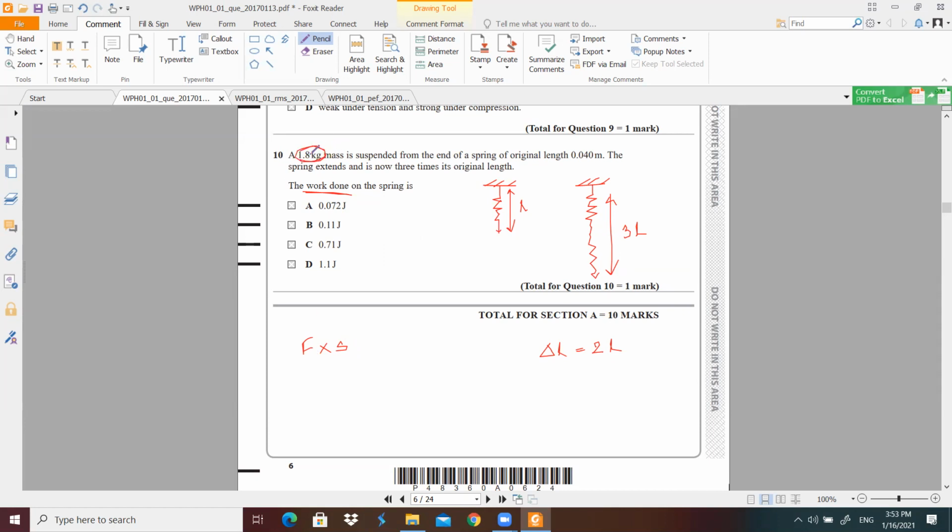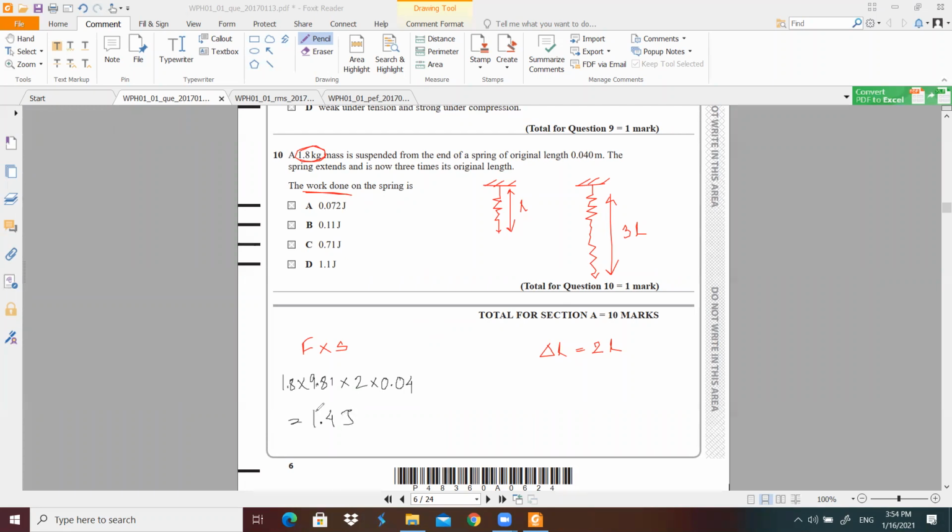So what is the force? It's the weight of the 1.8 kg mass. So it's 1.8 times 9.81 times twice L, and L is 0.04. What is the answer? It's 1.4 joule.